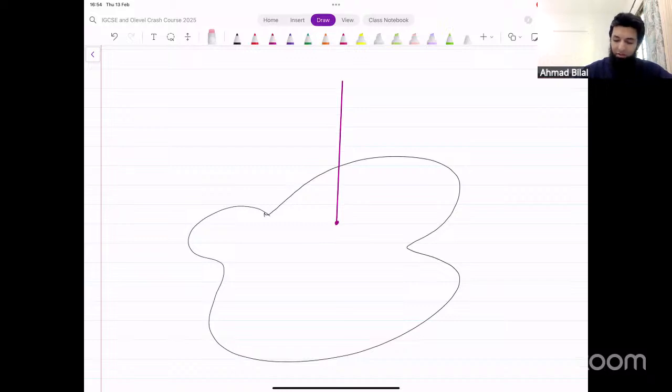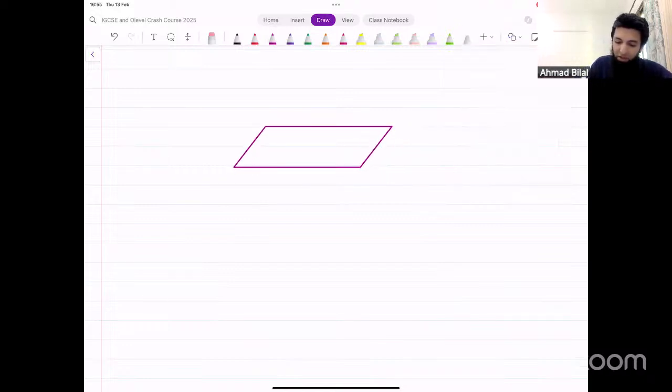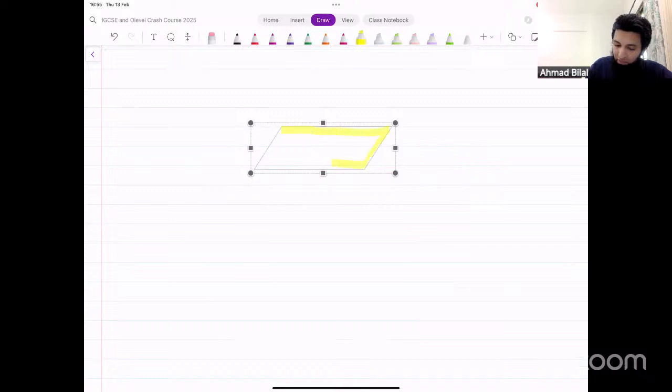Or maybe I could draw it slightly differently. If I were to draw a plane here like this. Okay, so let's say we have this horizontal plane. So this is a horizontal surface. Think of it as a plane, a flat surface.